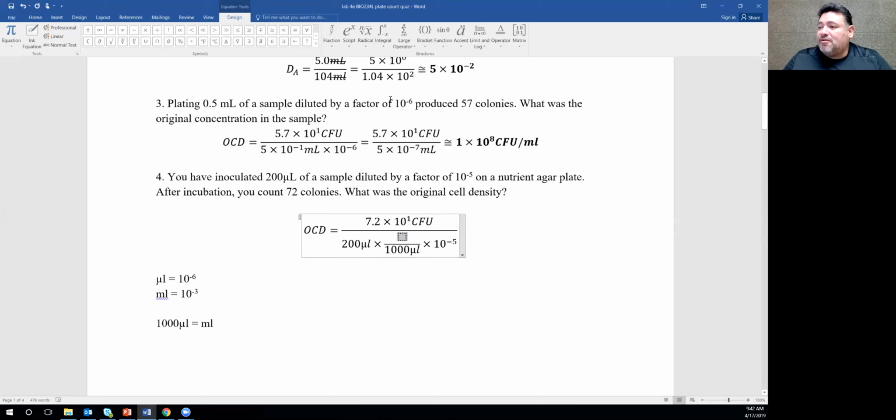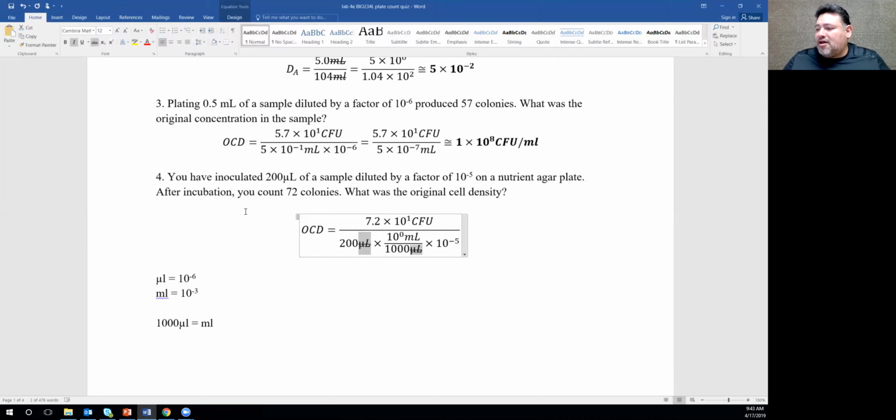So we're really going to do 10 to the 0 milliliters. Okay, we're doing okay. I should probably use a capital L here so nobody gets confused. There it is. The microliters cancel. That microliter and that microliter cancel. There they are, they're gone.